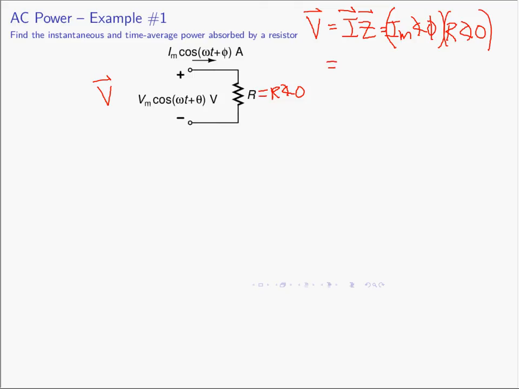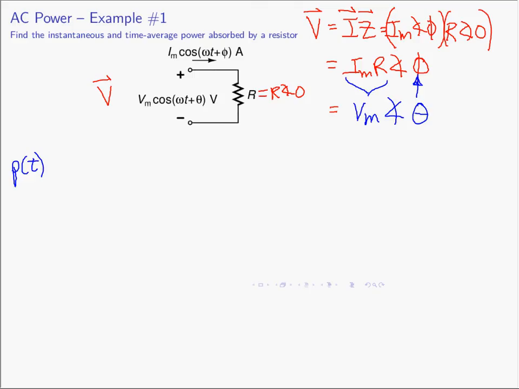And so when I do the math, I get Im R angle phi plus 0, which is simply phi. Now remember, this is the voltage phasor, so this right here corresponds to Vm, and this part here corresponds to theta. So now we're ready to find the instantaneous power.